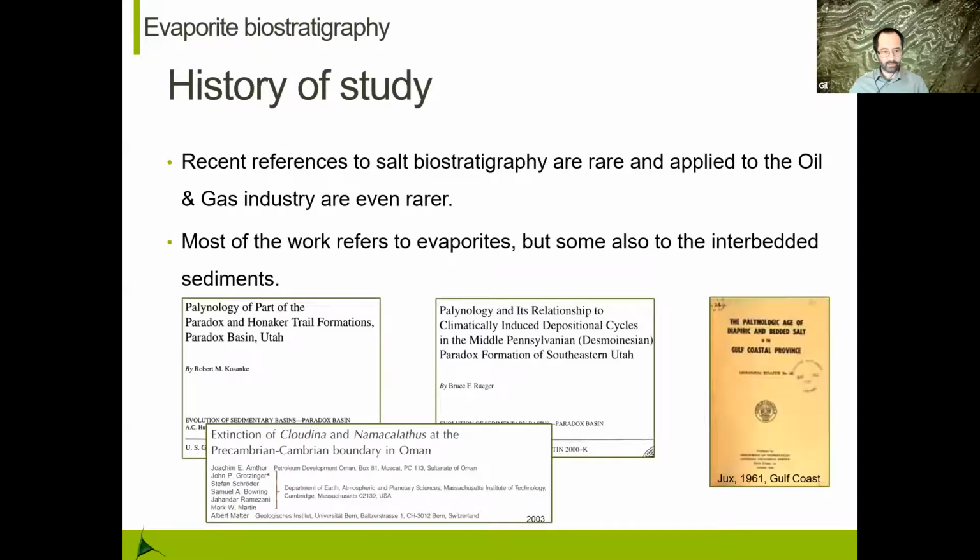There are a few examples of the Paradox Basin in the US, of the Gulf of Mexico, and a few from the evaporites in Oman, although there what was actually studied were the carbonate stringers embedded in the evaporites, not the evaporites themselves. There's probably more work done which is buried in confidential reports within companies, but in the public domain, the number of publications that deal with salt biostratigraphy is really, really low.